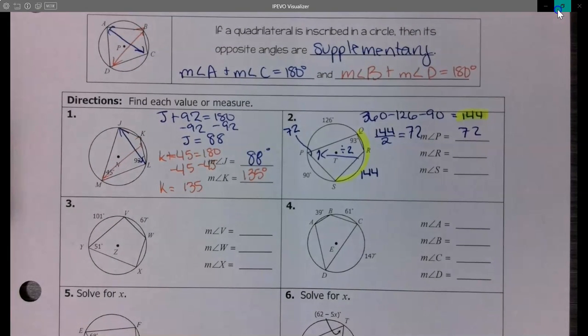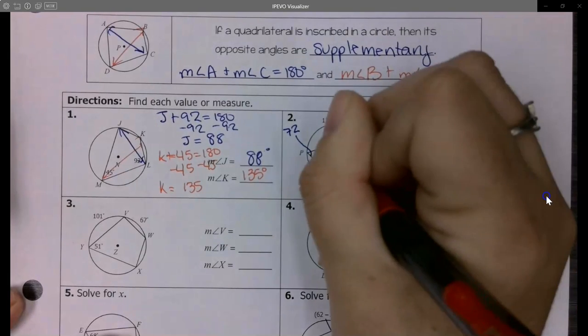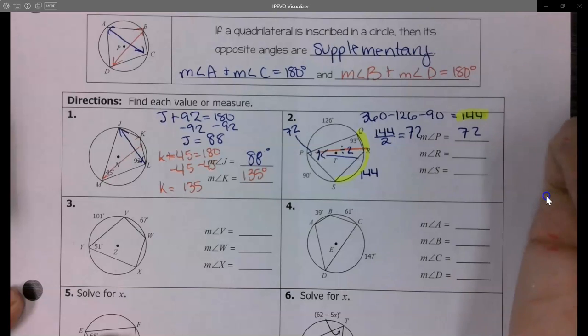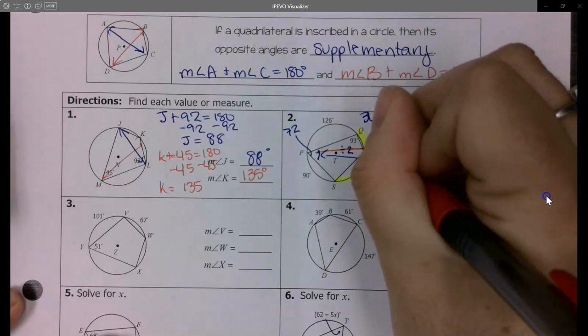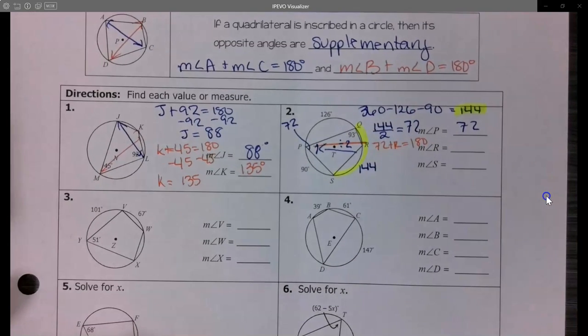Then I can go ahead and find my R and S. Remember, opposite angles add to 180. So if I'm looking for P and R, I know P now. That's 72 plus R is going to equal 180.